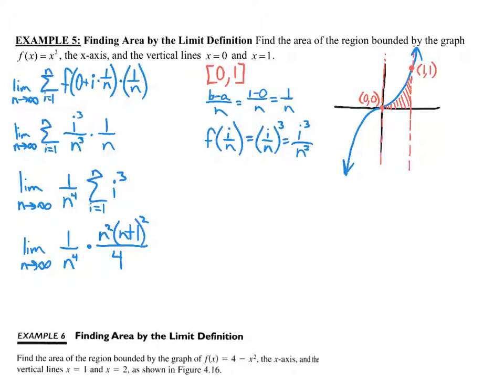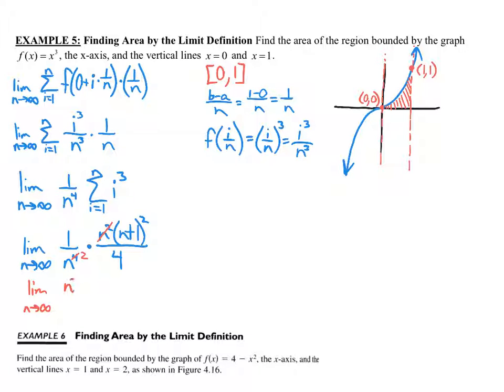So now that we have this, notice I can cancel out a little bit. I'll cancel out the n squared with 2 of these. That means I'm going to have the limit as n approaches infinity of, I can FOIL that or I can just think of the first term.